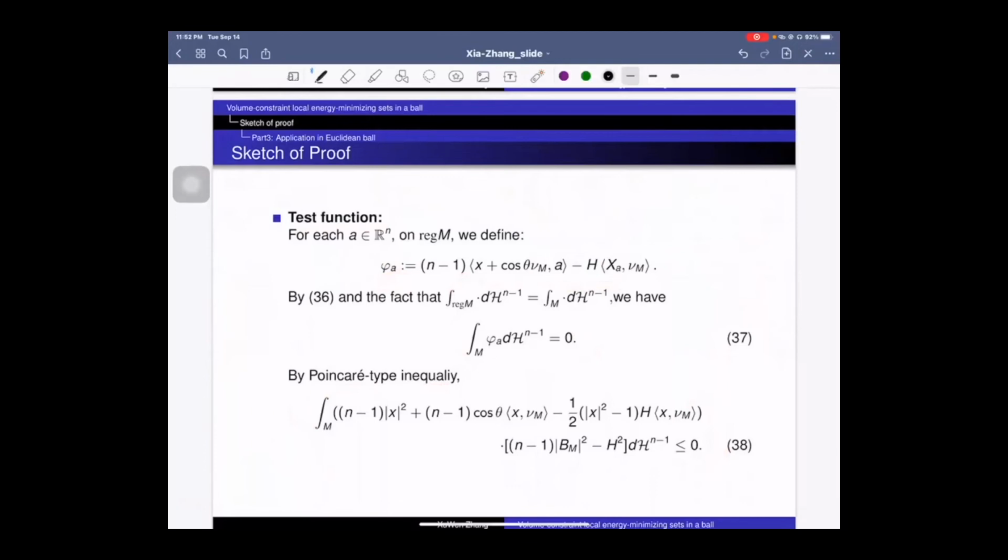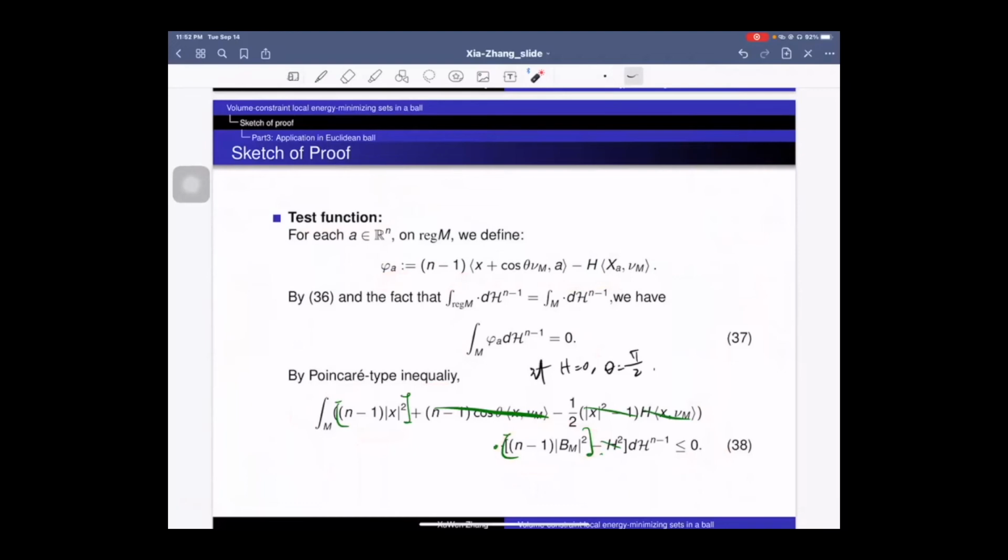And here, if H is 0 and theta is half of pi, which is the free boundary case, then we can see that this vanishes, and this vanishes, and this vanishes. So the integral of this times this is non-positive. And since this is non-negative, we can see that this must be 0.